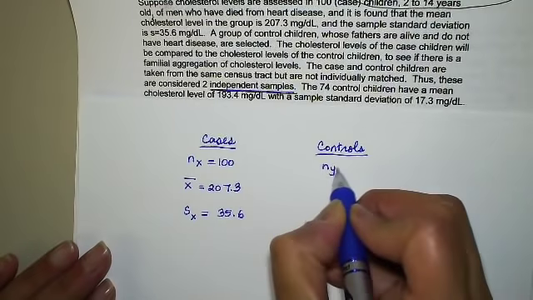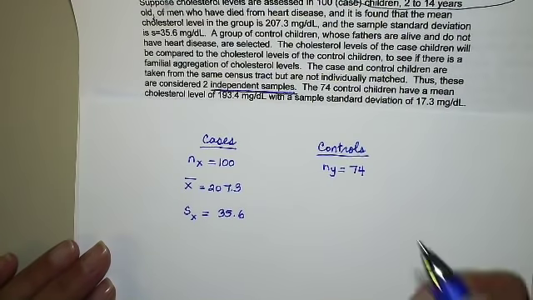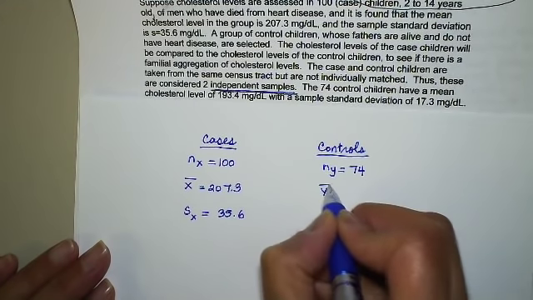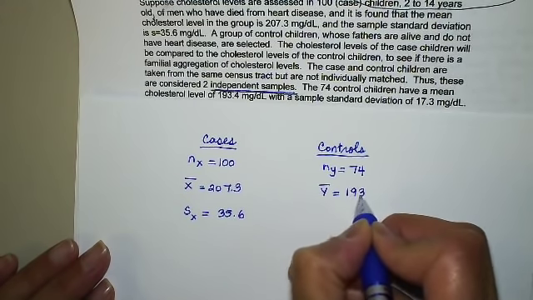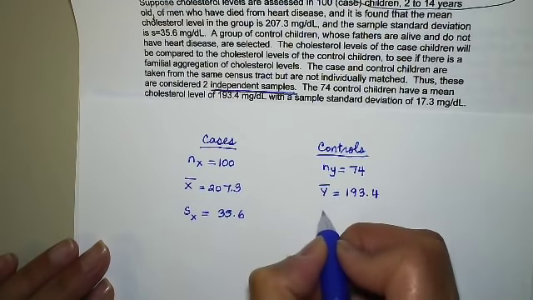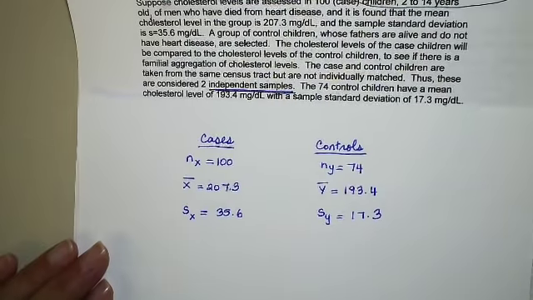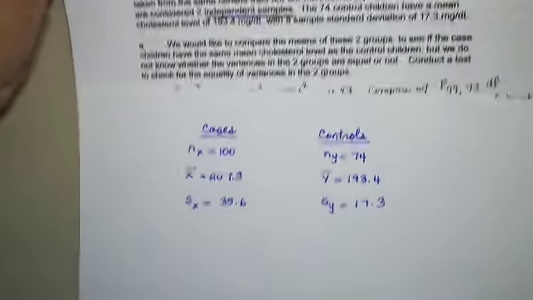Thus, these are considered two independent samples. The 74 control children, NY equals 74, have a mean of 193.4 and a sample standard deviation of 17.3.